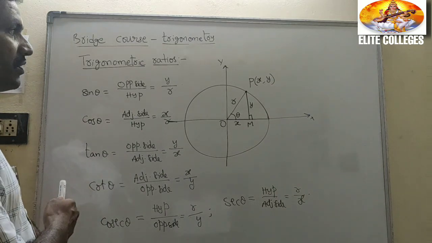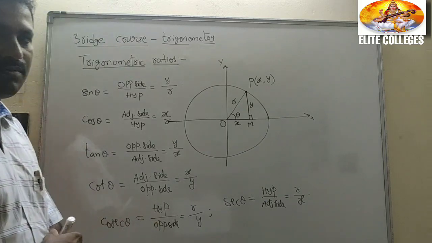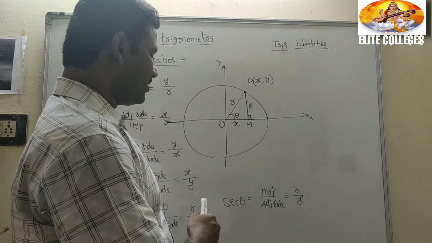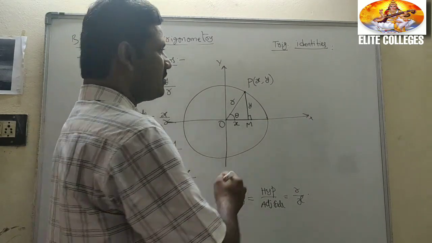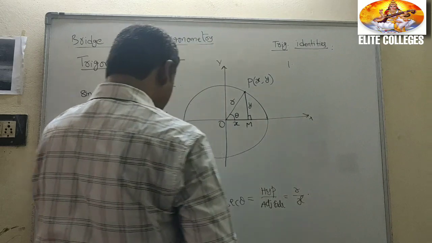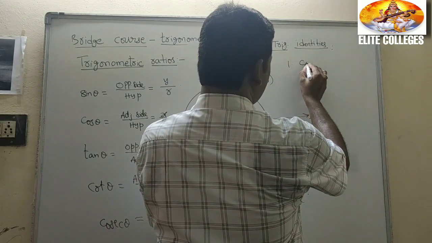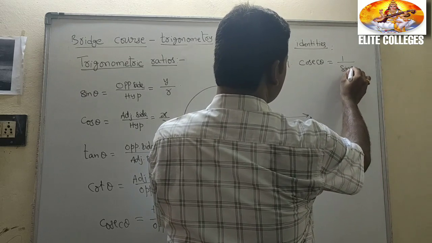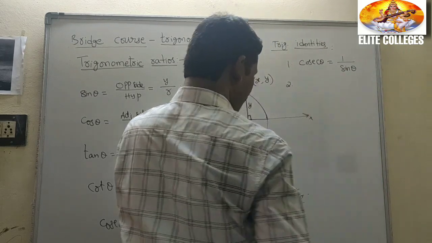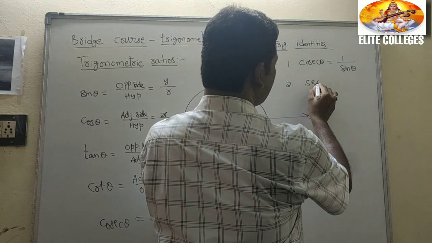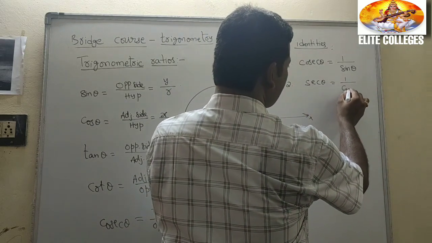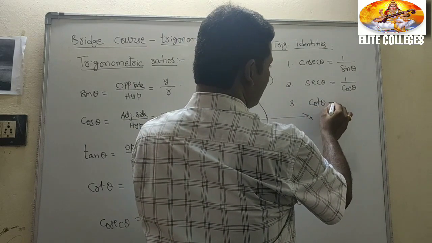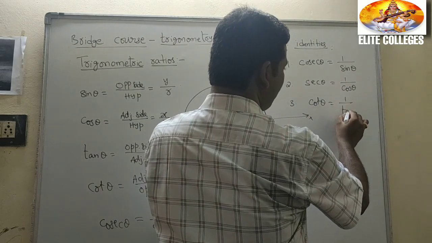So now see the trigonometric identities. What we observed here: cosecant theta equal to 1 by sin theta, and second one, secant theta equal to 1 by cos theta. Third one, cot theta equal to 1 by tan theta.